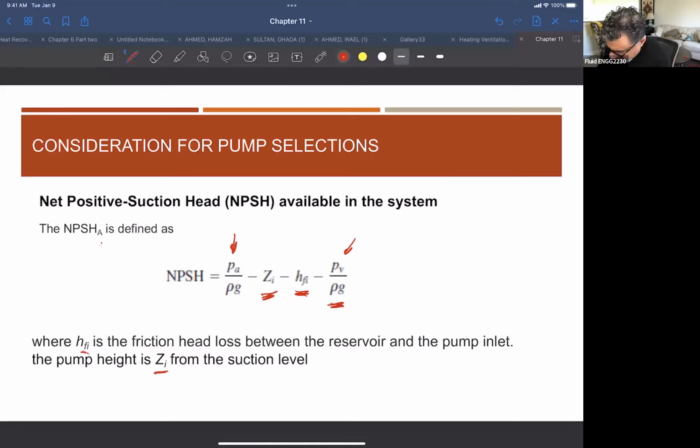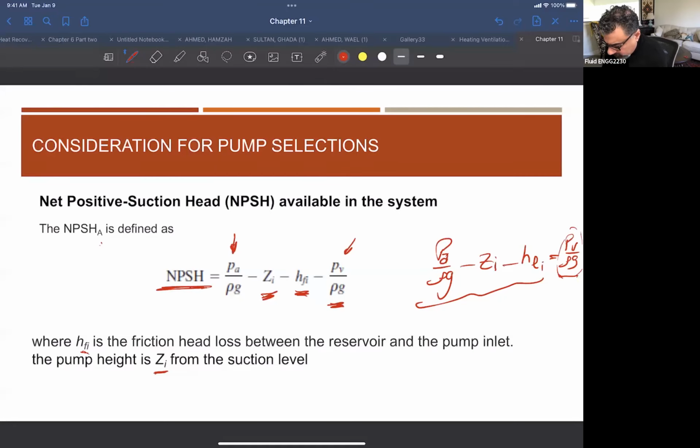So this term here, PA over rho g, minus Z, minus H losses inlet, has to be greater than P vapor over rho g. The difference here we call the net positive suction head. So this term minus this term will be the net positive suction head available in the system.